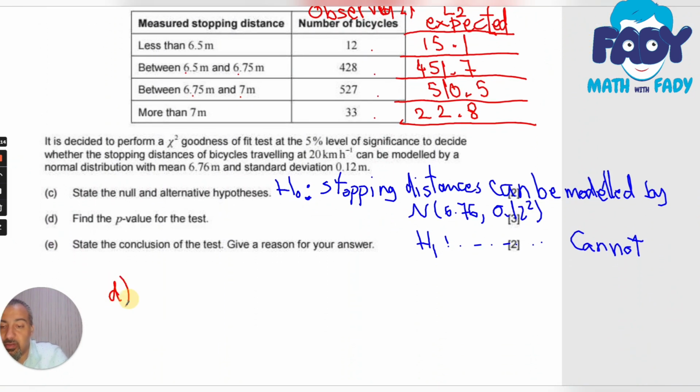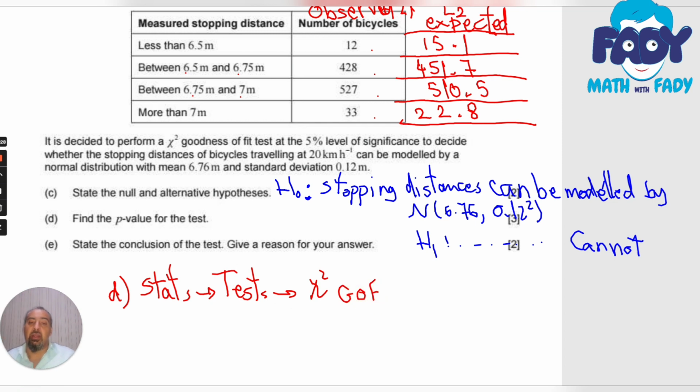Then stats, tests, chi-square GOF. It will ask about the observed is L1, expected L2, then calculate.